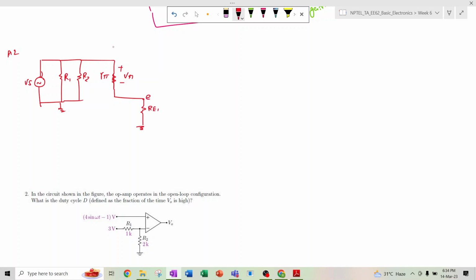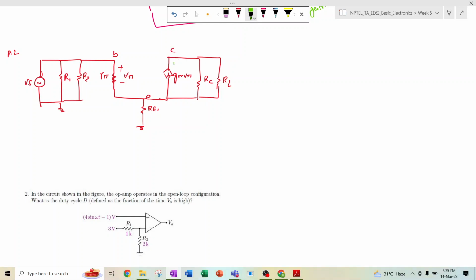So this is the emitter terminal, this is the base terminal, and here a current source which is gm V pi will come, and here you have RC, and here another you have RL. Okay, and this is the collector terminal.